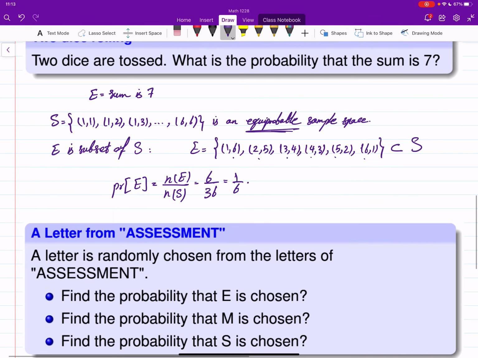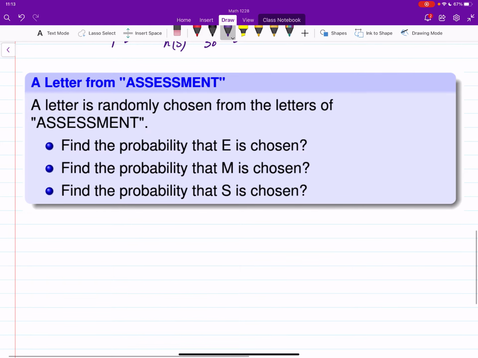Let's do another example. Here, a letter is randomly chosen from the letters of the word assessment. So there are 1, 2, 3, 4, 5, 6, 7, 8, 9, 10 letters in this word.